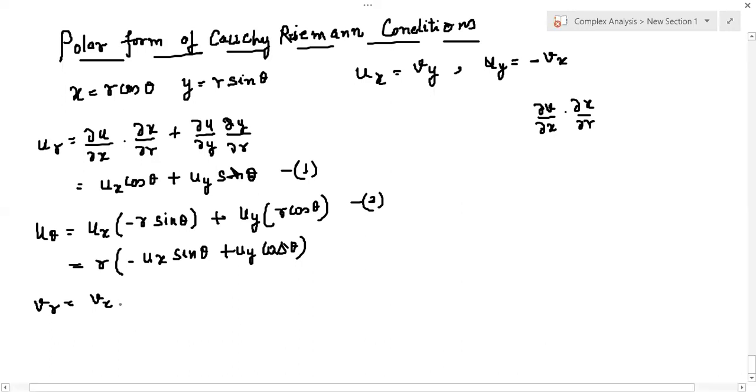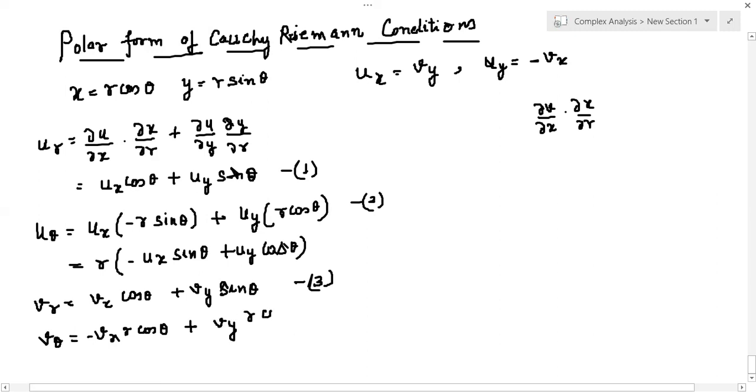So vr is vx cos theta plus vy sin theta, this is the third equation. And v theta would be minus vx into r sin theta plus vy into r cos theta. This will be your v theta.